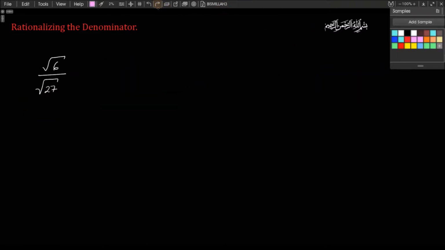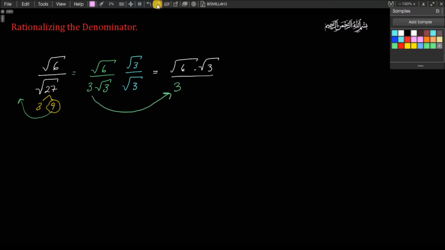Again, what we did here was first we simplified the denominator. We did prime factorization of 27, and then this fraction became square root of 6 over 3 times square root of 3. And then we rationalized the denominator by multiplying the numerator and denominator by square root of 3. We combined the radicals in the numerator, square root of 6 times square root of 3 over 3 times 3.